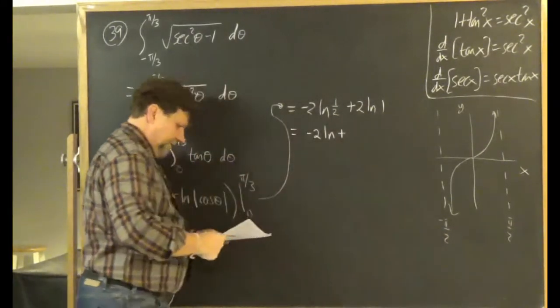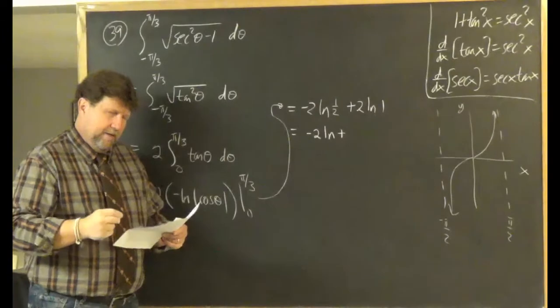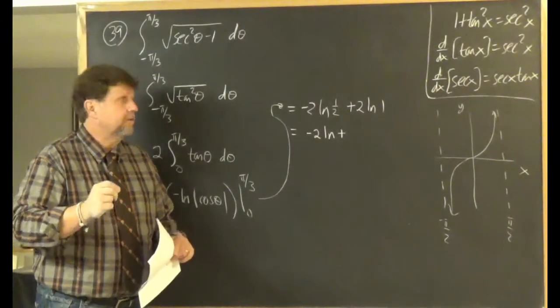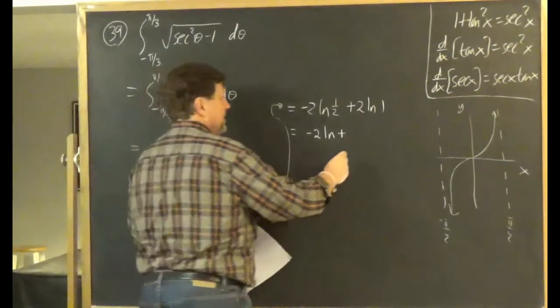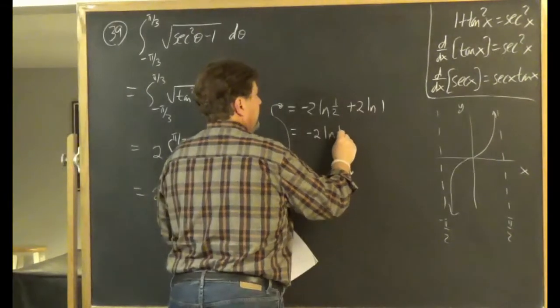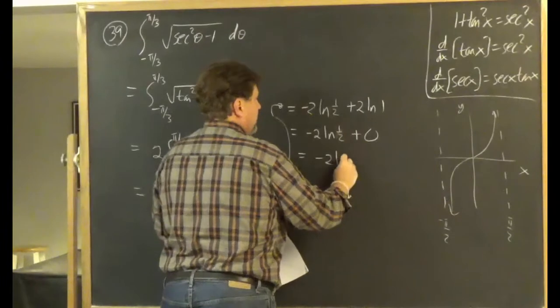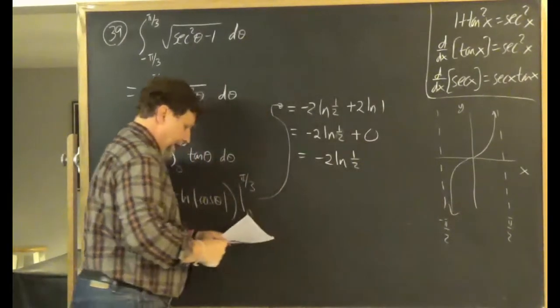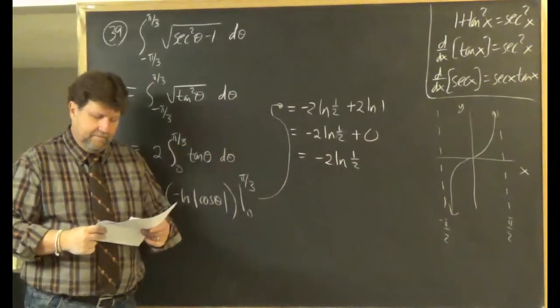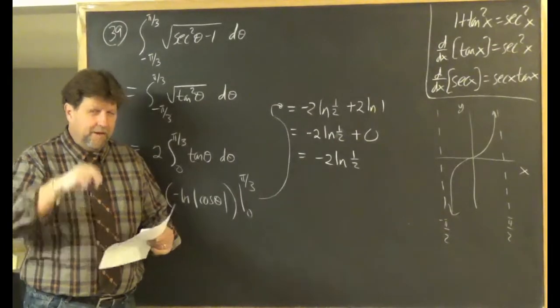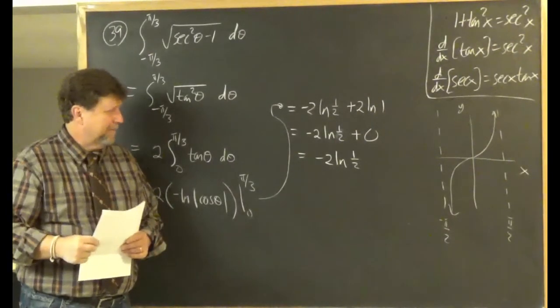The natural log of 1 is 0. So 2 times 0 is 0. Whoops, I left off the 1/2, sorry. So we get negative 2 natural log of 1/2.